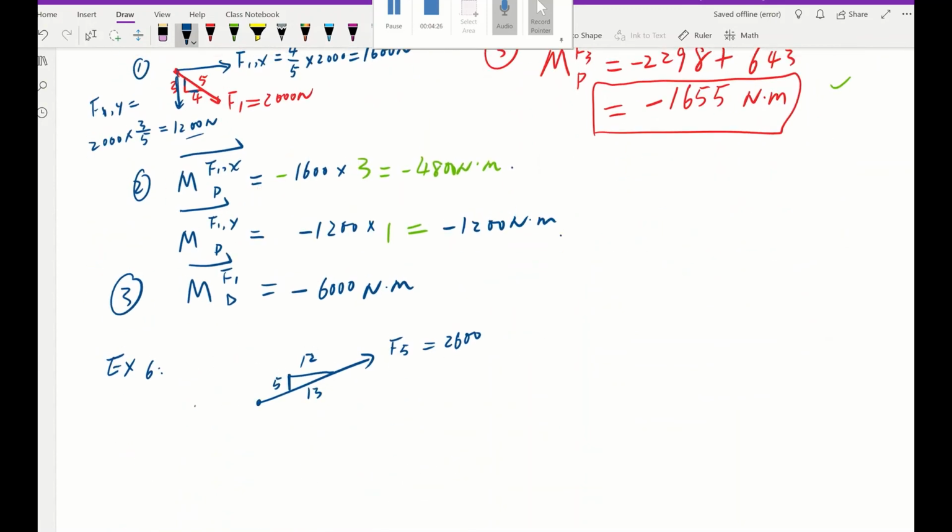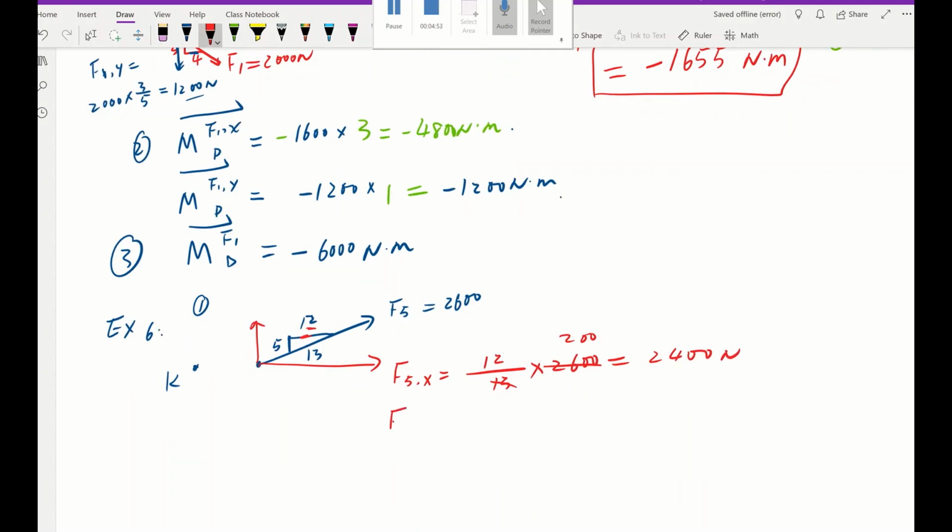Okay, if I would draw K relative to this force, it is around there. First step, we're going to decompose. We can decompose on the chart right here. The X component will be 12 because it's horizontal, so it will be 12/13 times 2600. Cancel out. That will give us 2400 Newton.